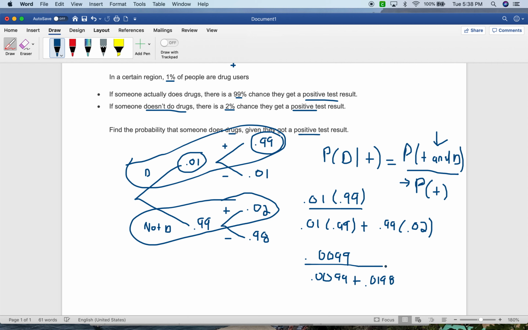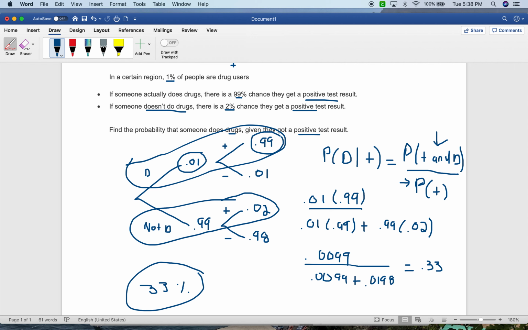Add the bottom together, then do 0.0099 divided by the bottom, and you should get approximately 0.33. So that means 33% will be our answer. So there's a 33% chance that someone does drugs given they got a positive test result.